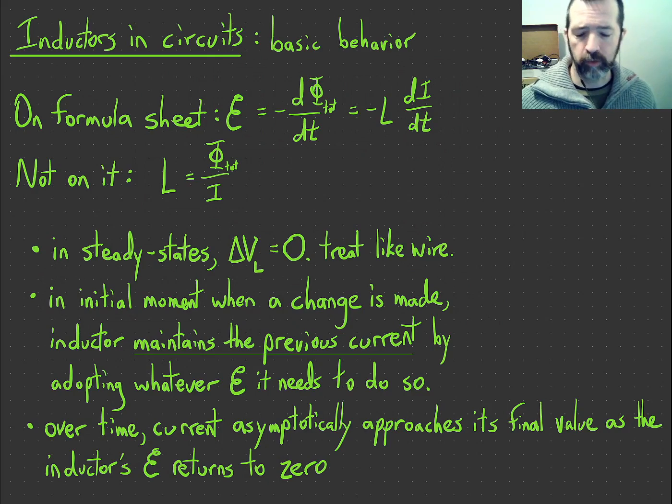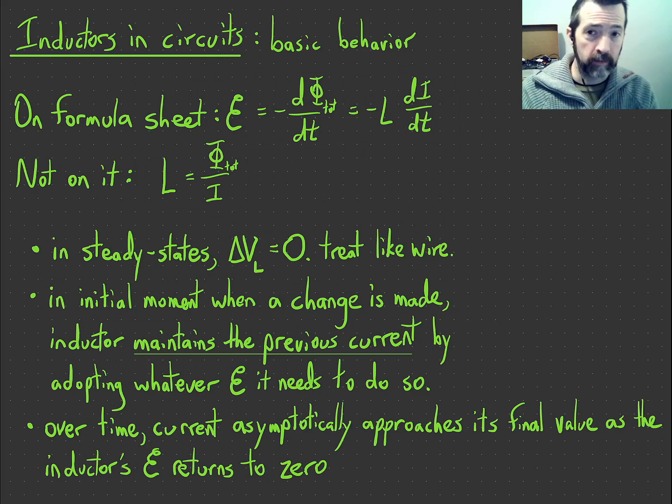It does that by adopting whatever EMF is needed in order to maintain that. So the simplest case would be, suppose I have a 9-volt battery and some stuff and my inductor. If I just turn off the battery, then the inductor is going to suddenly replace it by being 9 volts.